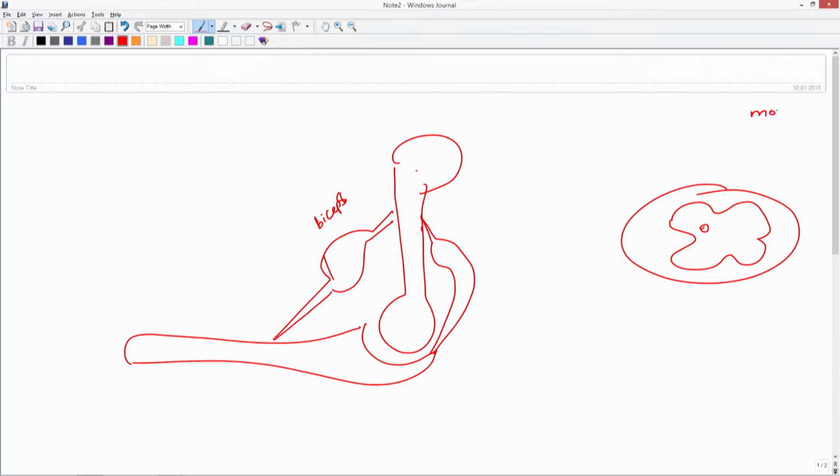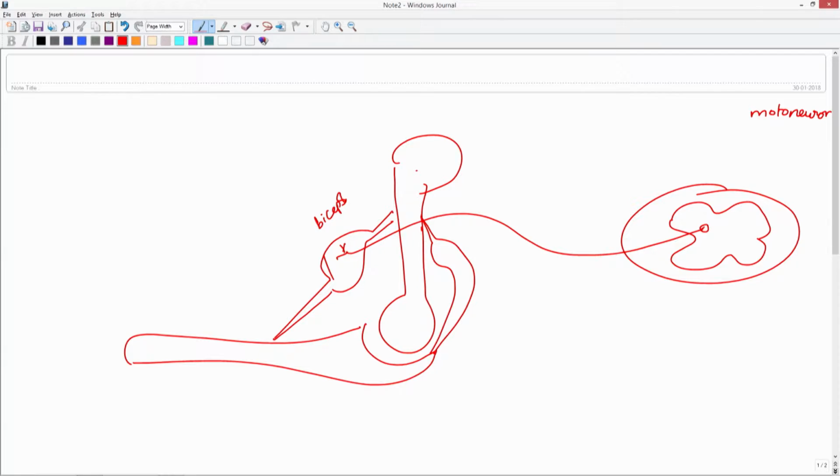The last class we saw that motor neuron. A muscle needs electrical impulses from the motor neuron.